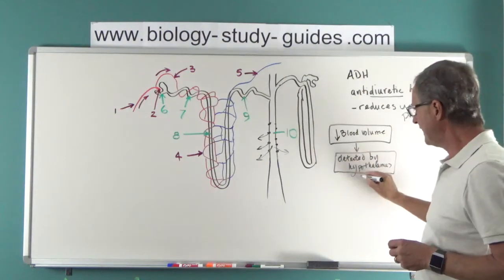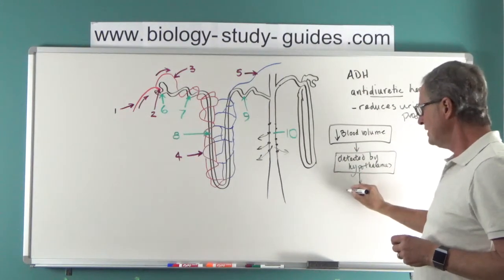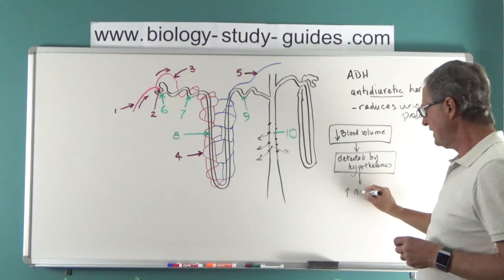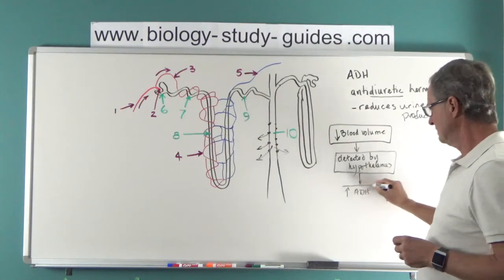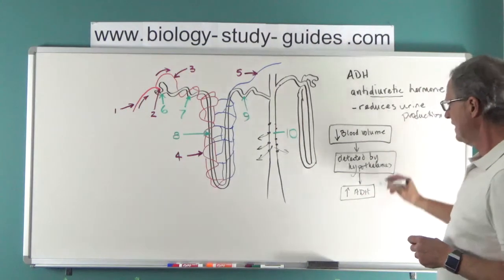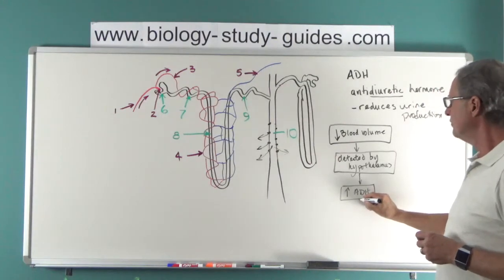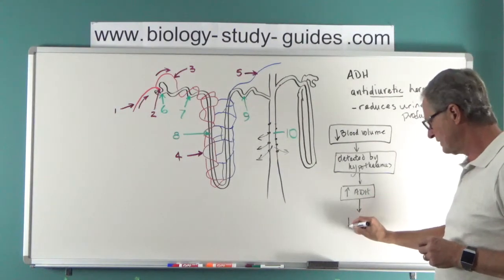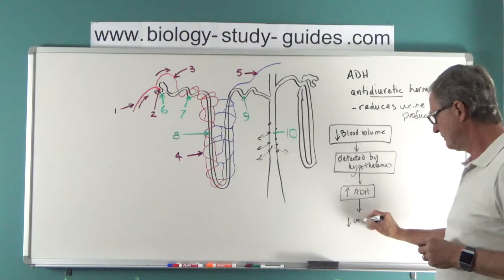The response by the hypothalamus is to increase ADH concentration, cause the release of ADH, and ADH reduces urine flow or urine production.